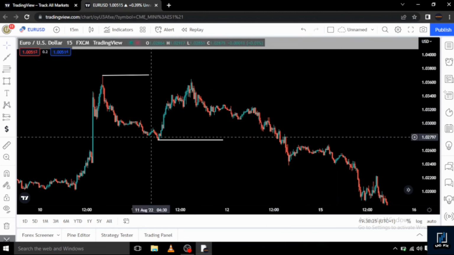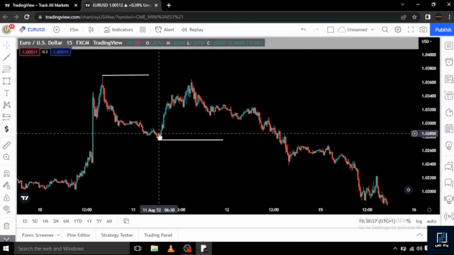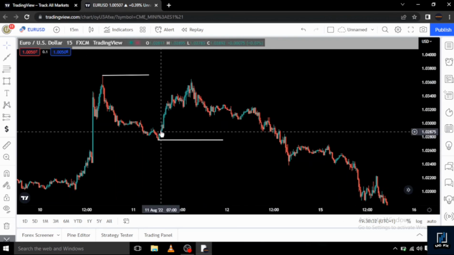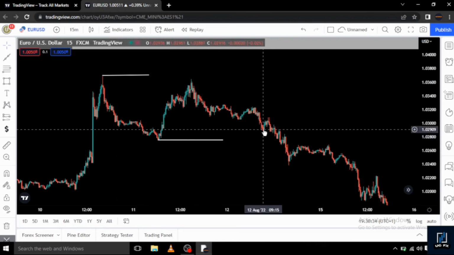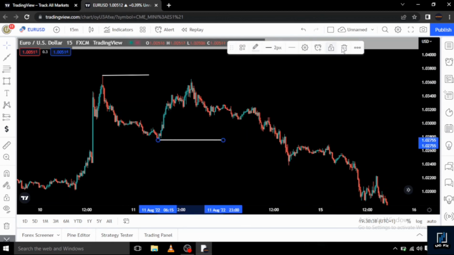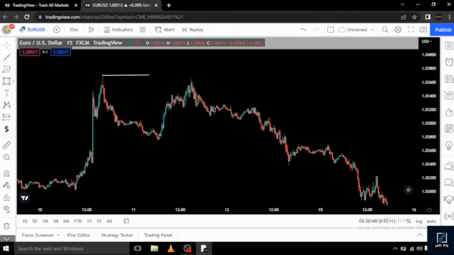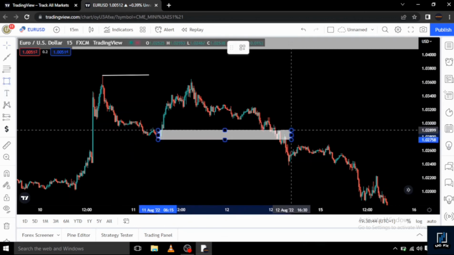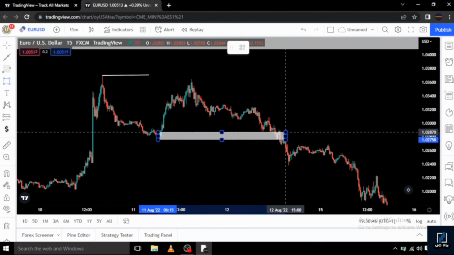As you can see, price took out these lows and this space was supposed to act as an order block, but it failed. So this would be tagged a breaker block. So we had a breaker block in this area.